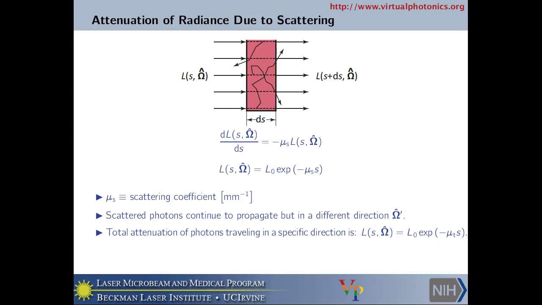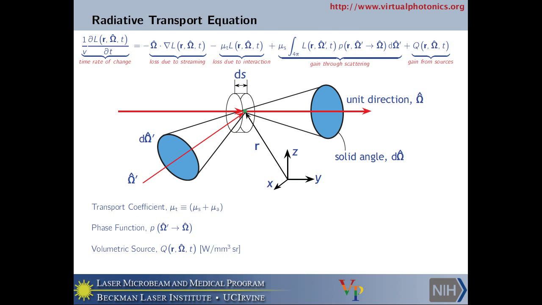Okay? So the question then is how do you now deal with these other photons that are propagating in a manner such that we're able to predict not only the radiance traveling in a given direction omega, but traveling in all directions omega that you may consider. And that's where we go to the radiative transport equation.